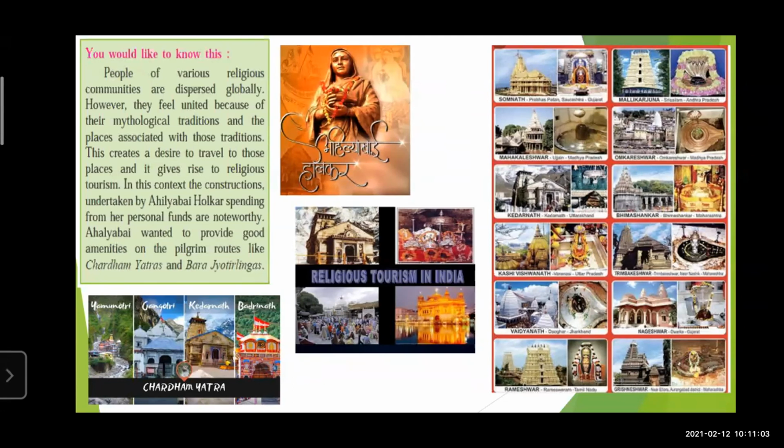Religious tourism. In this context, the constructions undertaken by Ahalyabai Holkar, who was a hereditary noble Sardar of the Maratha Empire, are very noteworthy.